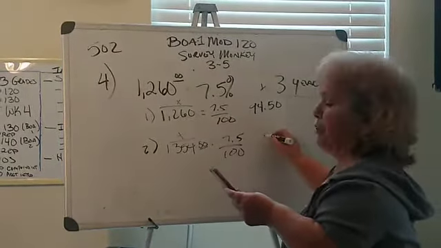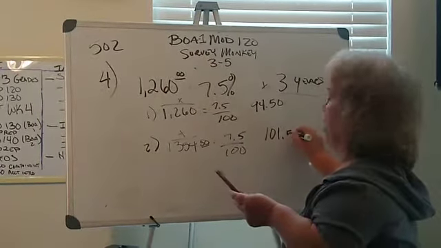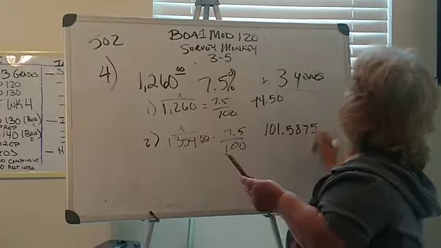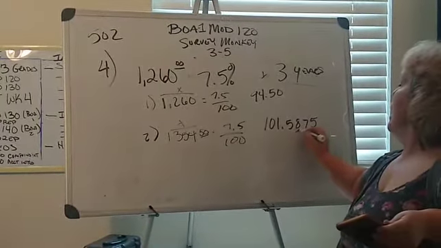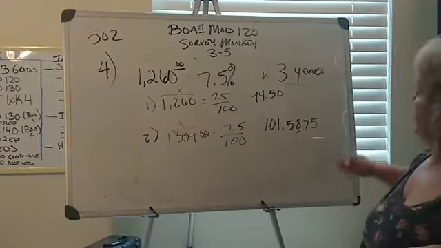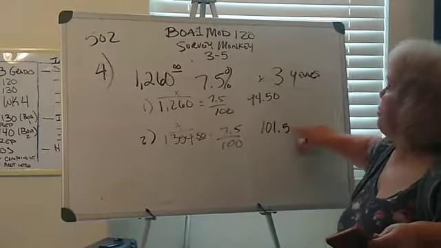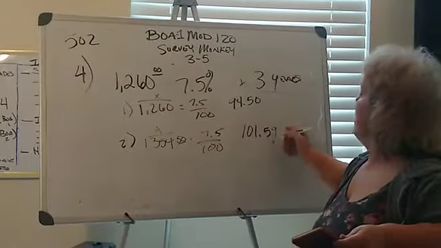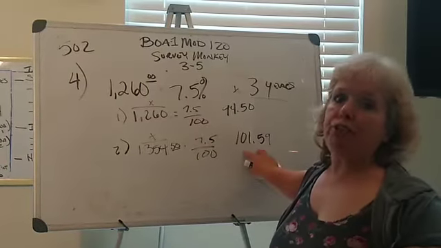The interest is going to be 101.5875. Taking it to the hundredths place, what happens to that 8? If you said that 8 gets turned into a 9, you are correct, because there was a 7 next to it. So this is the interest for year 2.